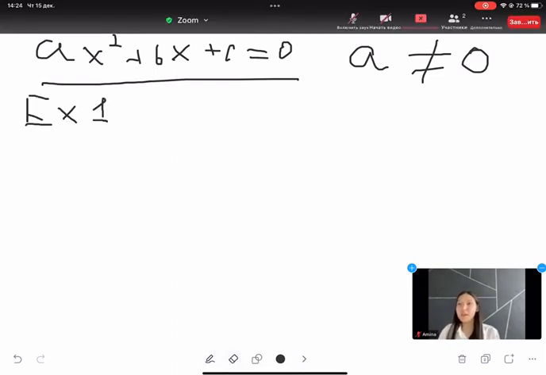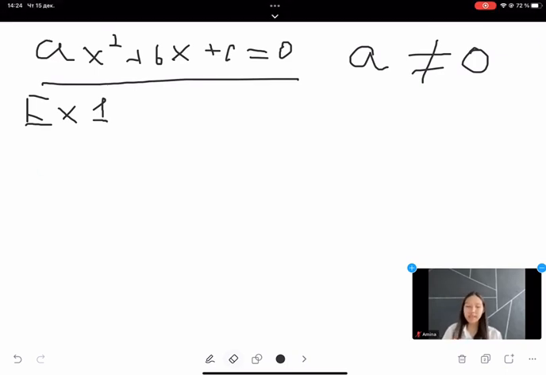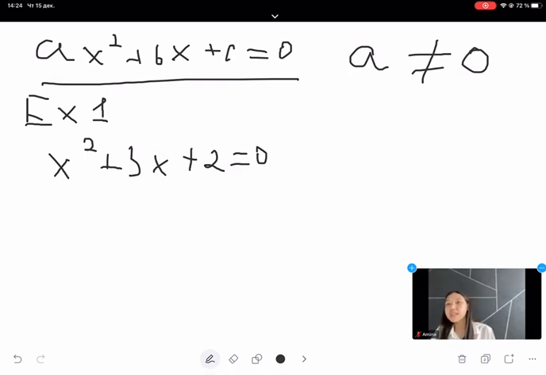For example, example 1: x squared plus 3x plus 2 equals 0. How do we find x?